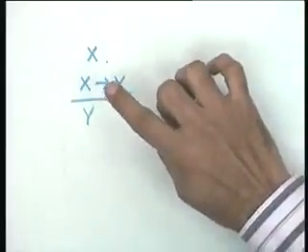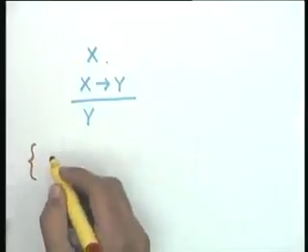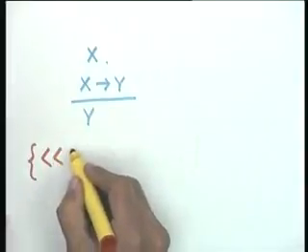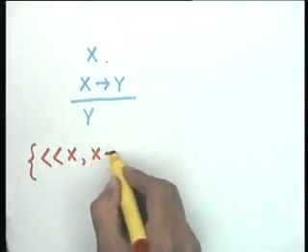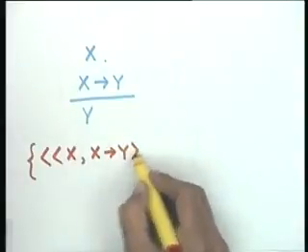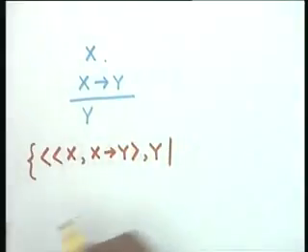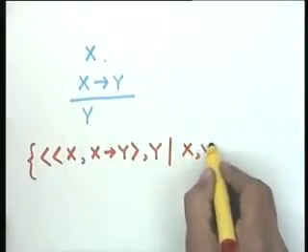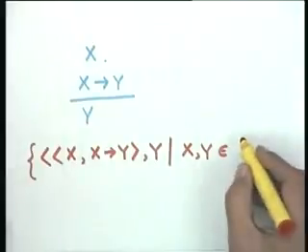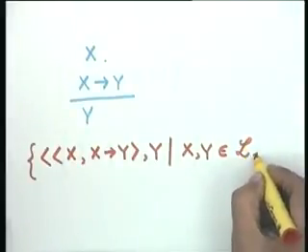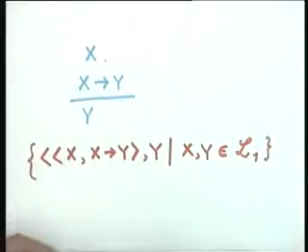So this rule actually specifies a pair of this form, right, where x and y belong to, let us say, the language of first order logic, which I will write L1 as opposed to propositional logic, which I will write L0. Okay. So, L1 is let us say first order logic.